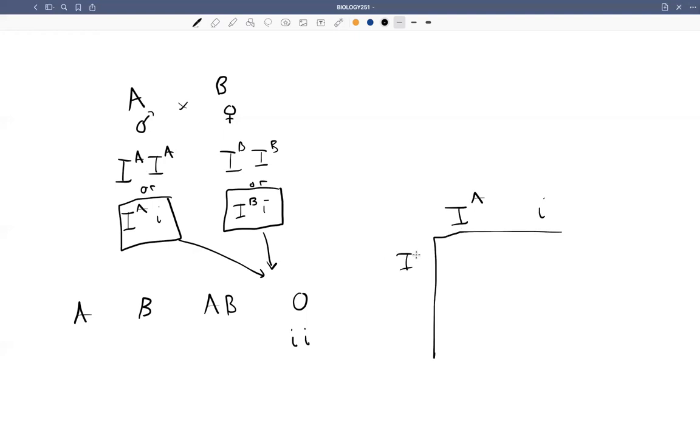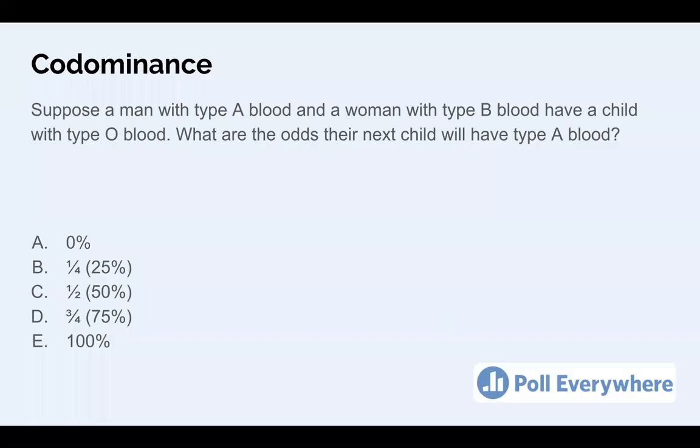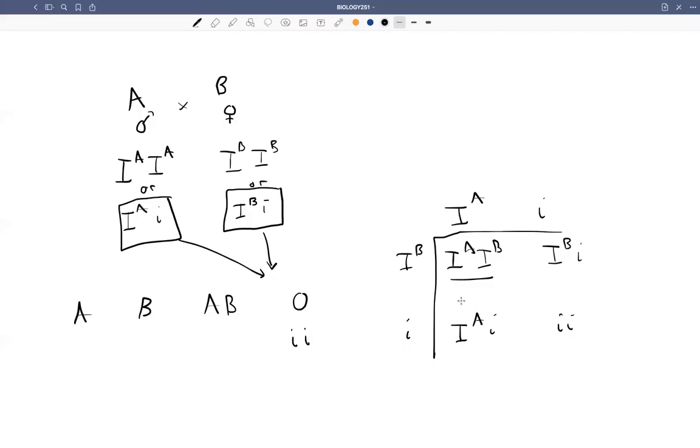Mom's got big IB and little i. 1/4 of their offspring possibilities are type AB. 1/4 of the possibilities are type B. 1/4 of the possibilities are type A, and 1/4 of the possibilities are type O. So actually, this set of genotypes could produce all possible human blood types, and the odds of having type A are 1 out of 4.